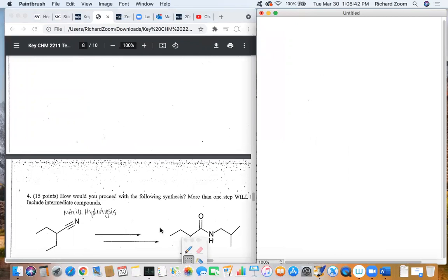I think it's initially good to maybe do a little bit of structure analysis here as well.